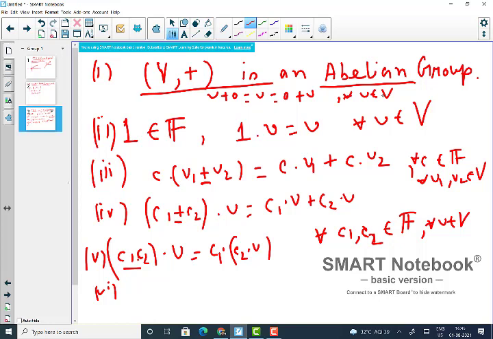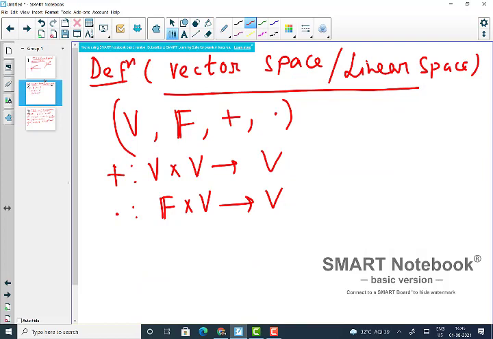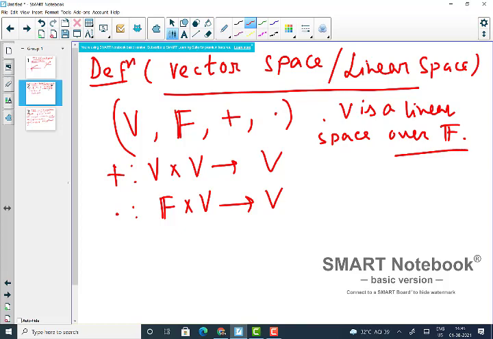Those are generalizations of the physical vector properties, and if your set V satisfies these properties, then we call V a linear space or vector space, whatever you want, a linear space over F. This is very important: the underlying field is very important.